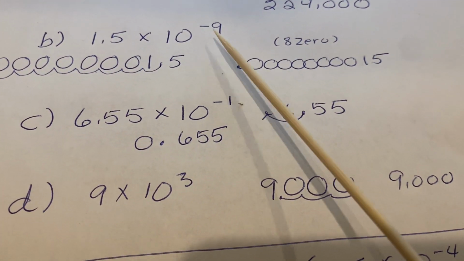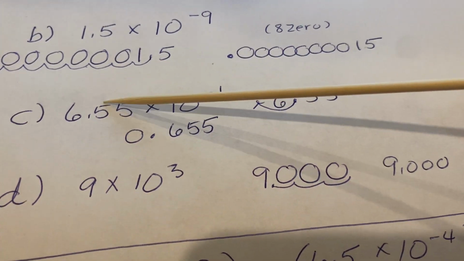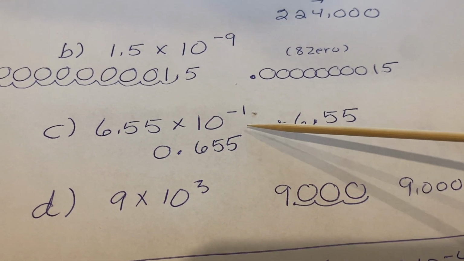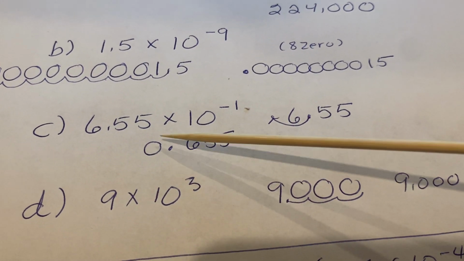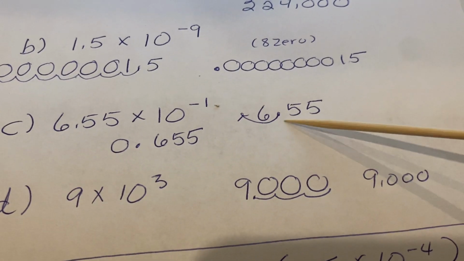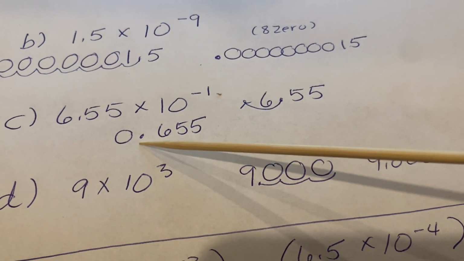Okay, here we go again. So the next number here is 6.55 times 10 to the negative 1. So we're going to put down 6.55. So we're going to move it over. Here it is, 6.55. We're going to move it over just negative 1. There we go. So we have 0.